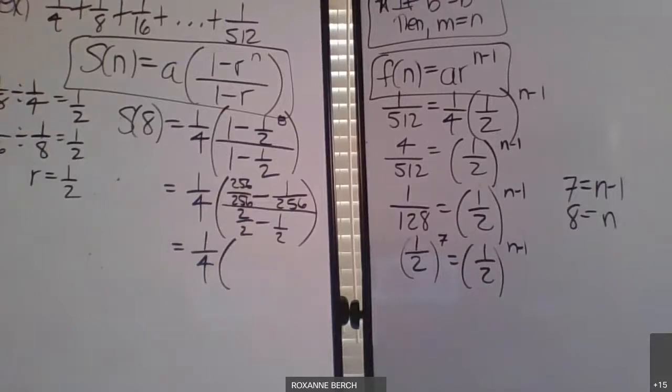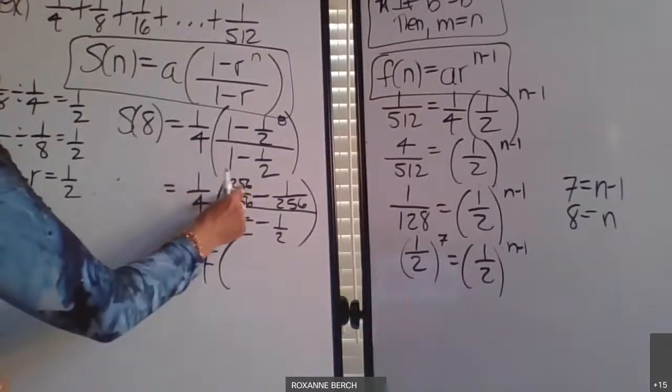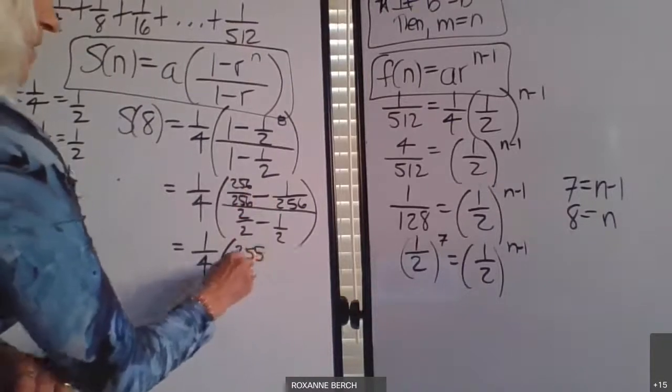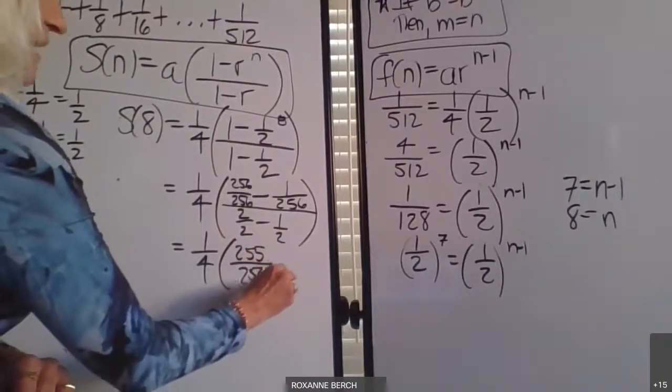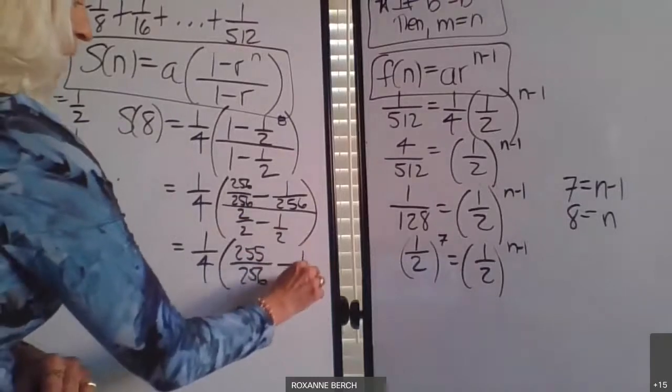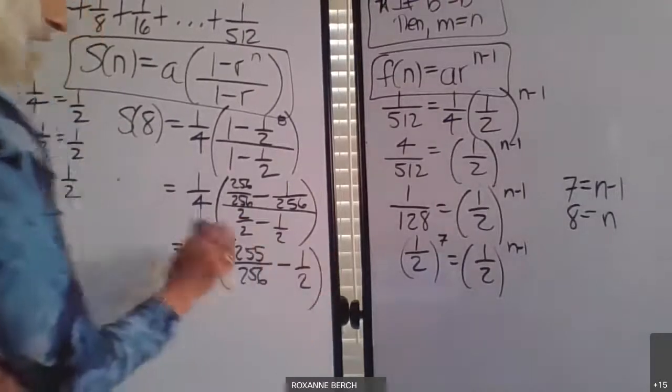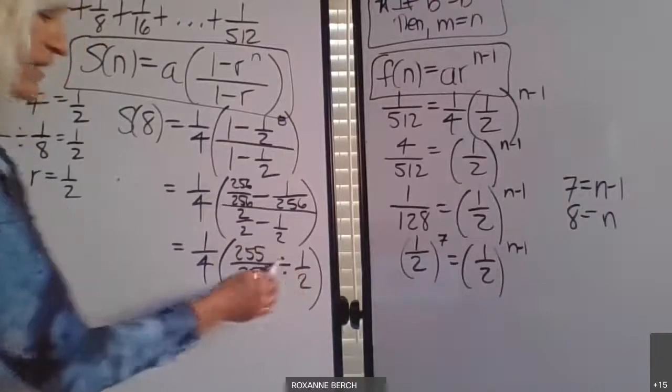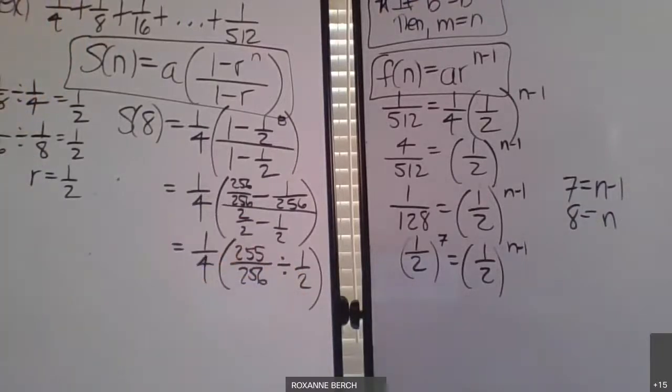So what you have here is 2 minus 1, which is 255 over 256, minus half. And I wrote it like that to make the problem easier.